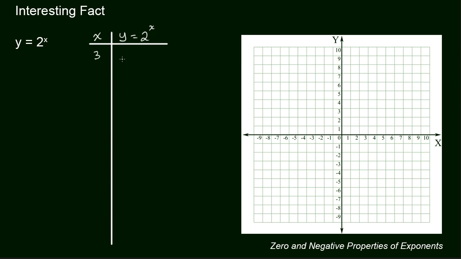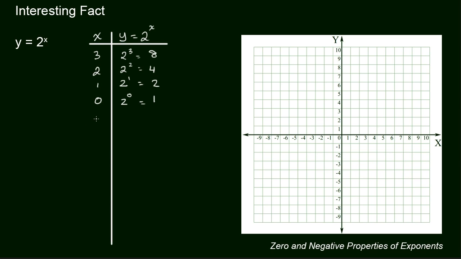At x equals 3, I have 2 to the power of 3, which gives me 8. At x equals 2, 2 to the power of 2 is 4. At x equals 1, 2 to the power of 1 is 2. At x equals 0, 2 to the power of 0 is 1.